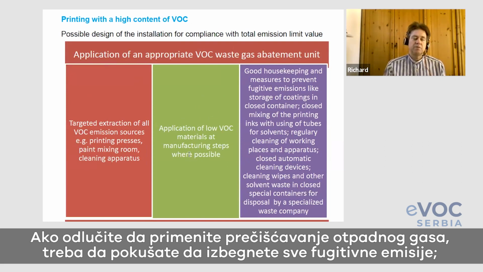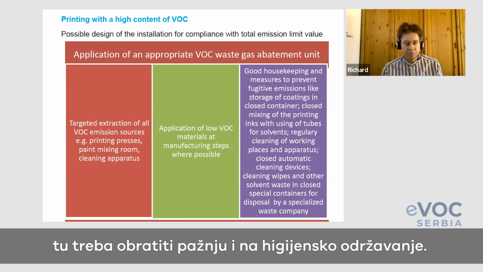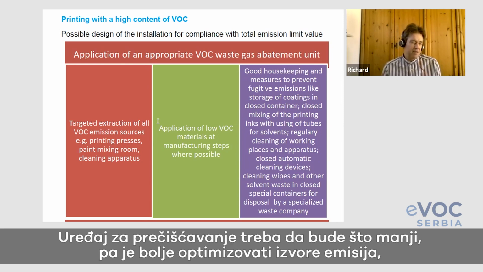If you decide for waste gas abatement, then you should try beforehand to avoid all sources that are fugitive, and maybe improve your housekeeping. In other words, you should try to keep your waste gas abatement as small as possible.